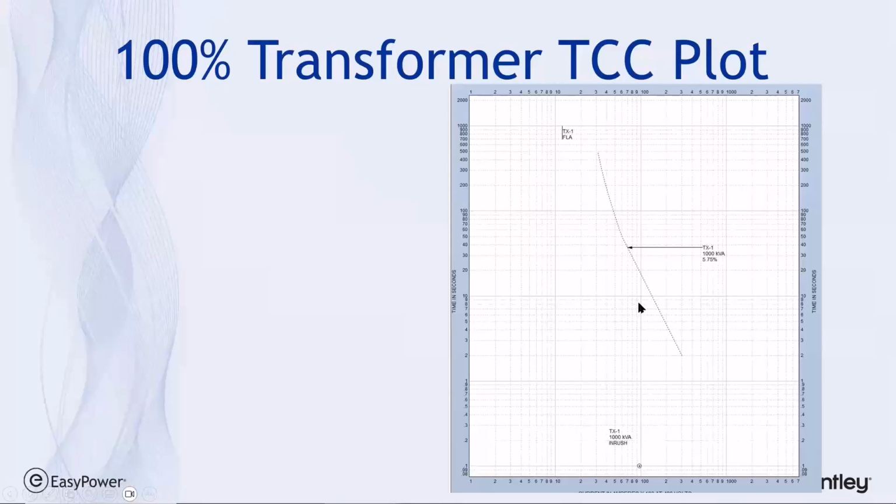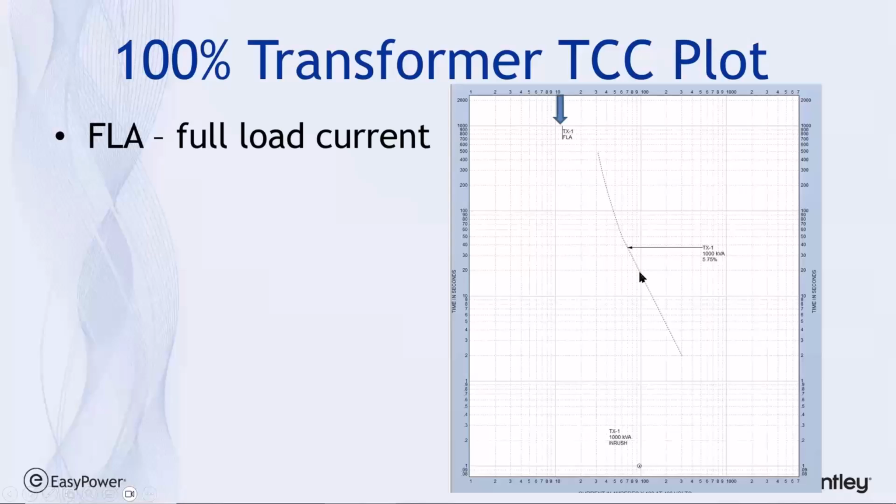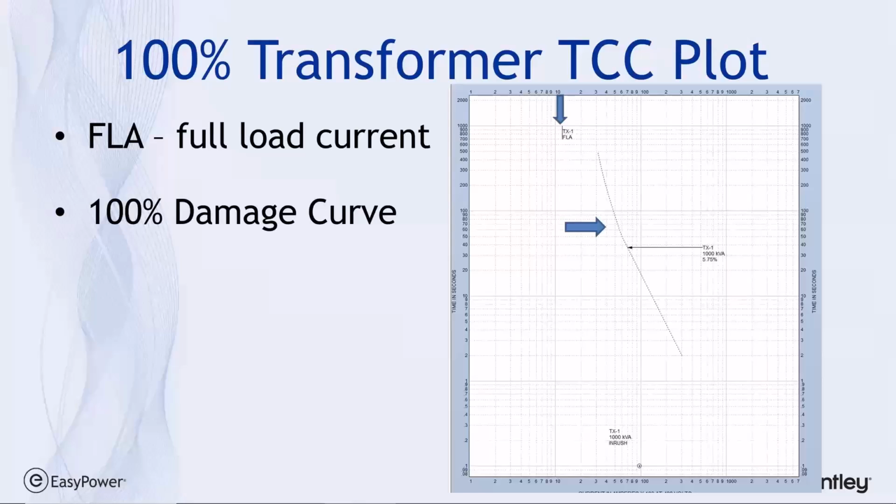It's when we start to get to 100,000 amps that we need to be concerned about damage curves, and that's where the intersection between whatever our fault current level is and the damage curve needs to be observed. So again, the dotted line, at least in the EasyPower representation, is the 100% damage curve. So at no time do you want the transformer to be exposed to current higher than that level for this amount of time.